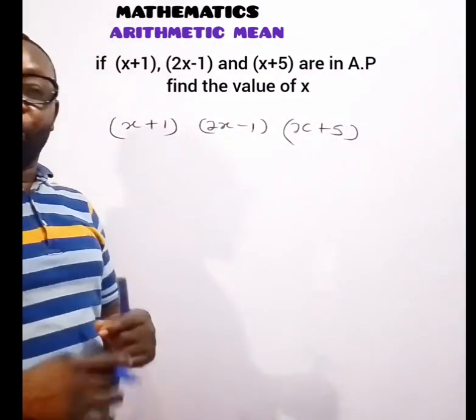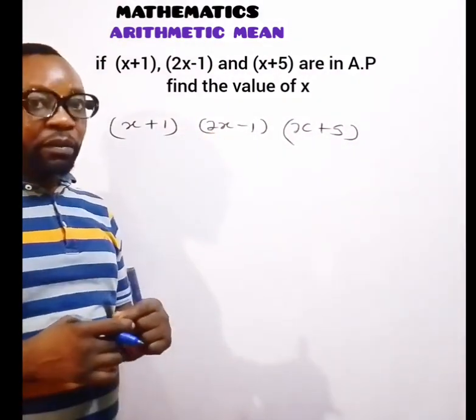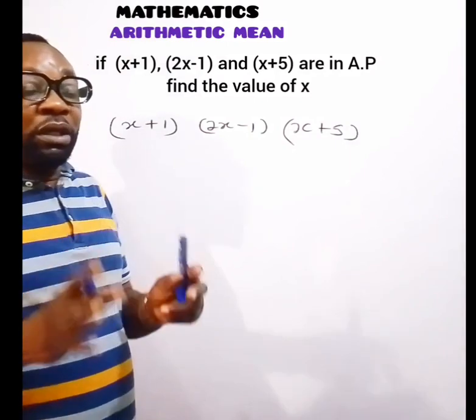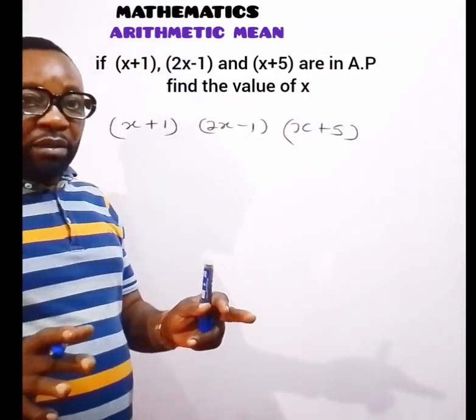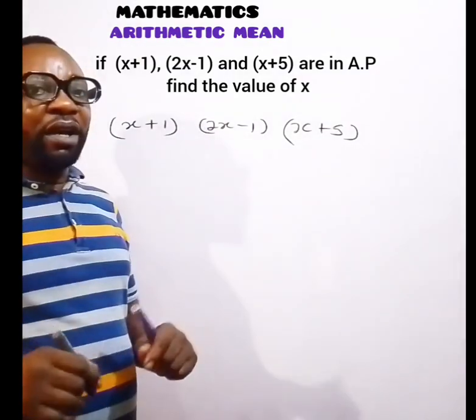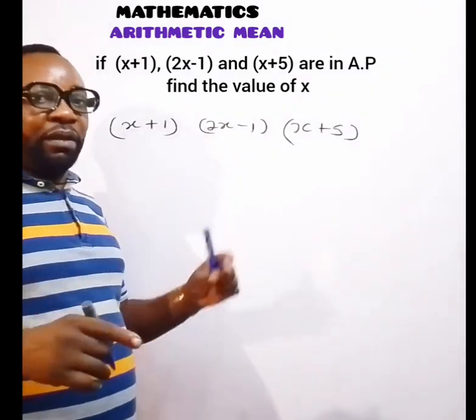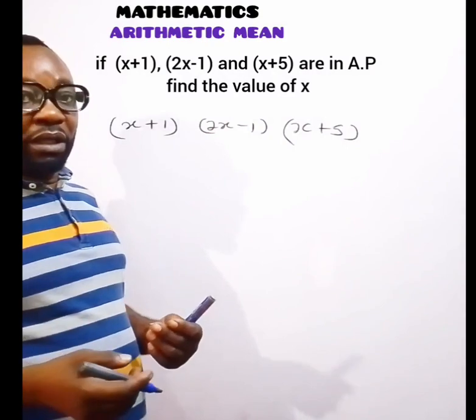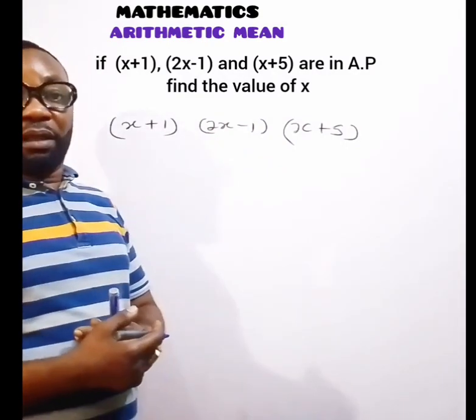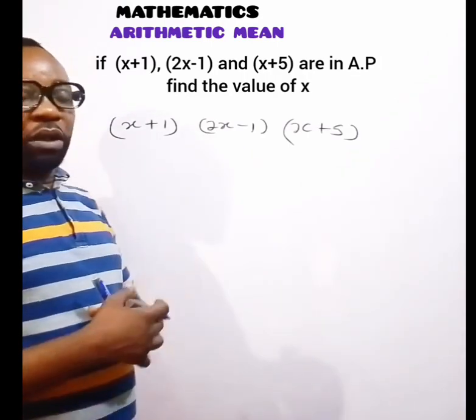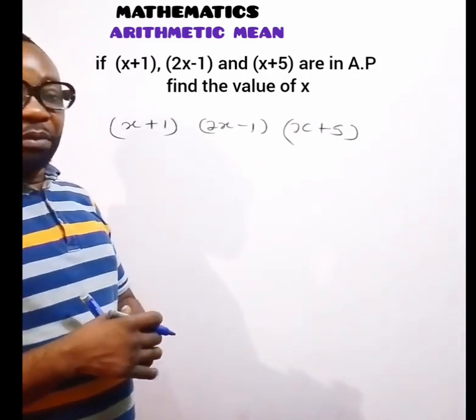But we are asked to find the value of x. We are not told that the question is from arithmetic mean, we are only asked to find the value of x here. They did not tell us that it means a particular thing, so we are going to apply the value of our arithmetic mean.